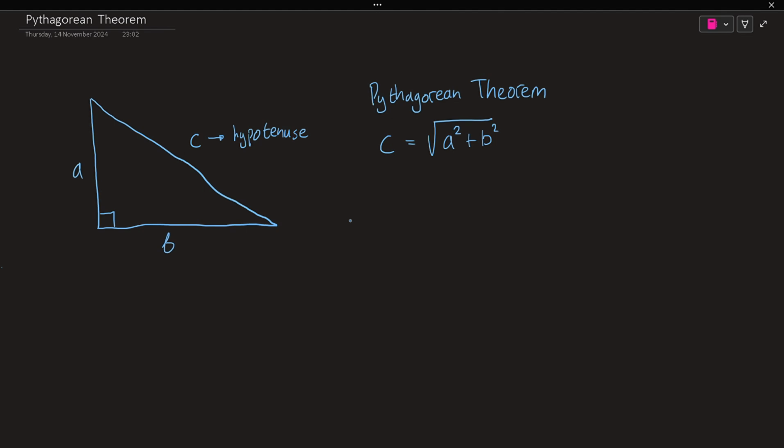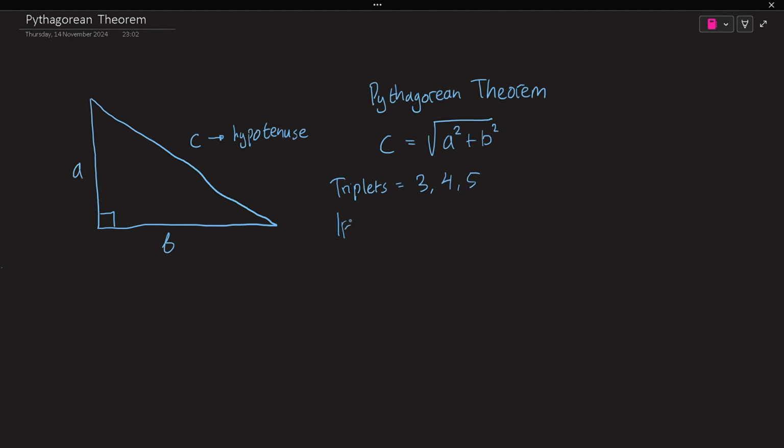For example, one of the most iconic triplets, as we call the numbers that make a Pythagorean theorem, is the triplet of 3, 4, and 5, with 5 being the hypotenuse, or the value of C. Let me give you a problem.